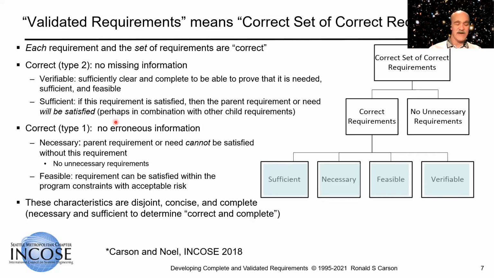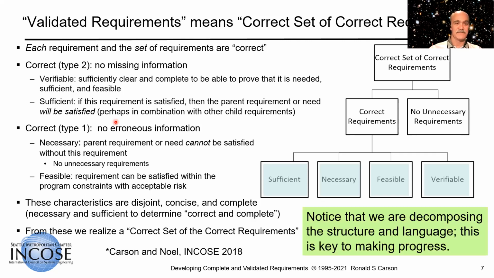These were contrasted with the 14 requirements characteristics in the requirements working group, Guide to Writing Requirements, which have a lot of duplication and ambiguity, and you can read our 2018 paper to see our comments on that. So this is how we get a correct set of correct requirements as our definition of validated.